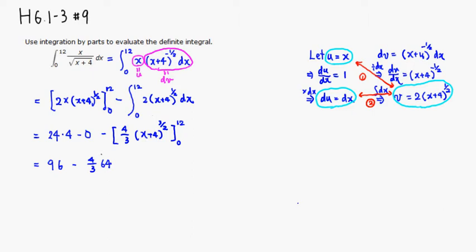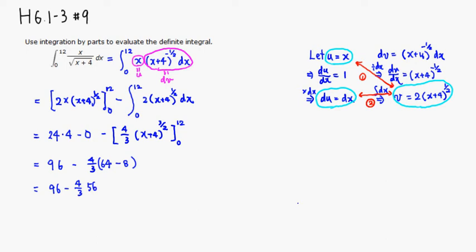If you plug in 0 here, you're going to get 4, and raise it to the 1/2 power would be 2, and cube, so that's going to be 8. So subtract 8. So this is going to be 96 minus 4/3 times, 64 minus 8 would be 56.